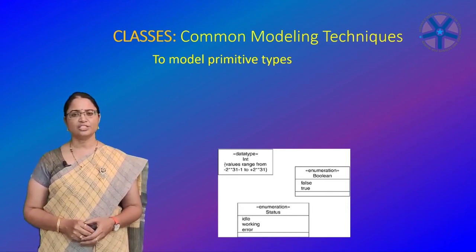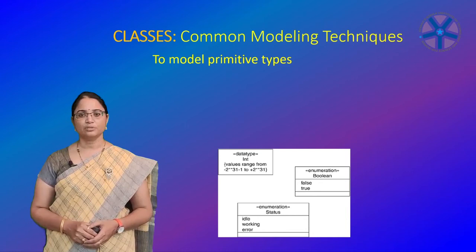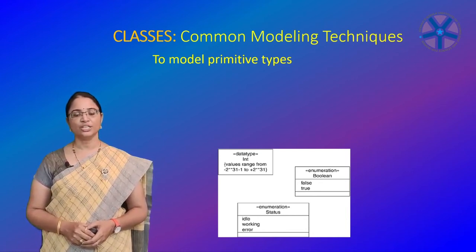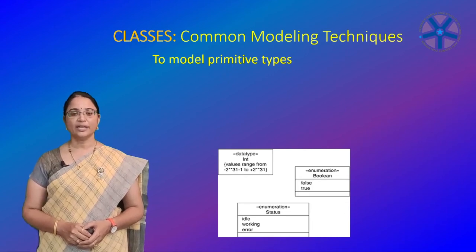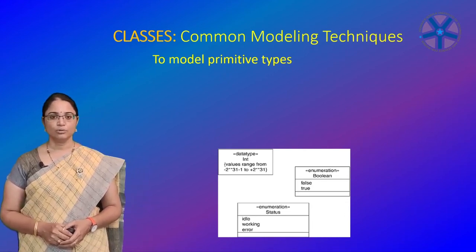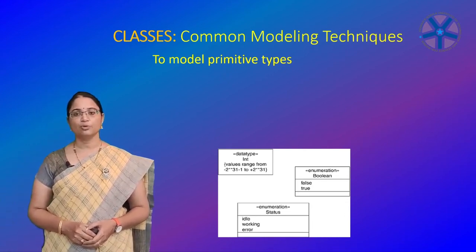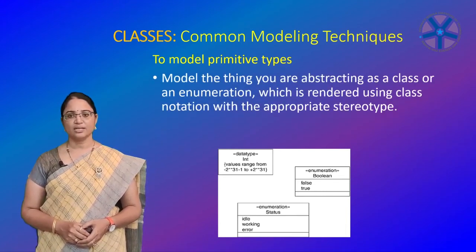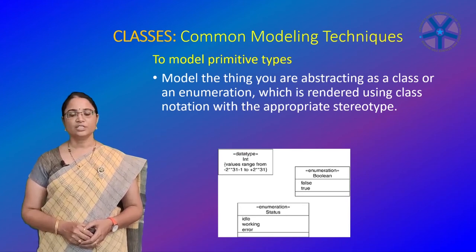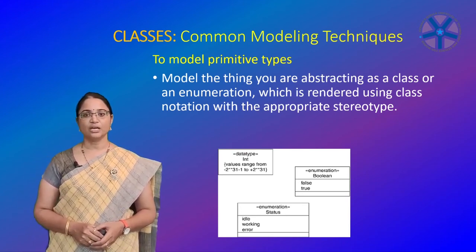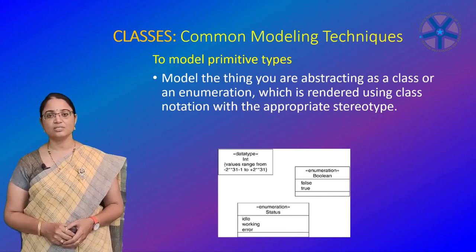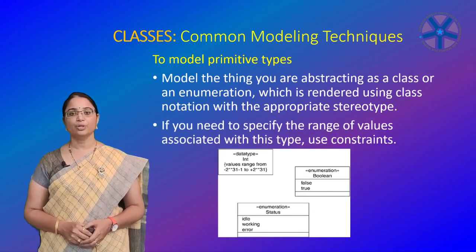Typically, these abstractions involve primitive types such as integers, characters, strings, and even enumeration types that you might create yourself. Now how do you model these primitive types? First, model the thing you are abstracting as a class or enumeration, which is rendered using the class notation with the appropriate stereotype. For this also you need to use a stereotype.